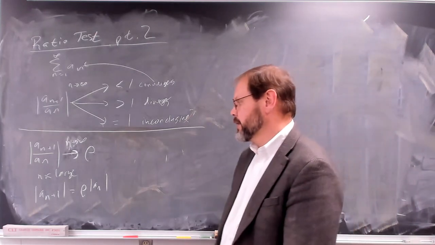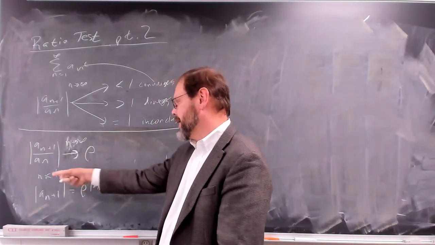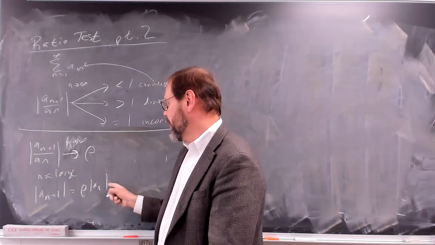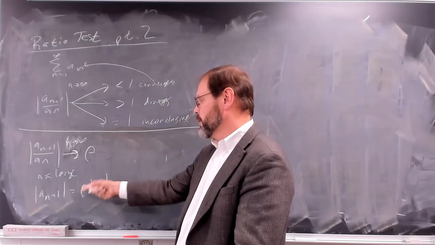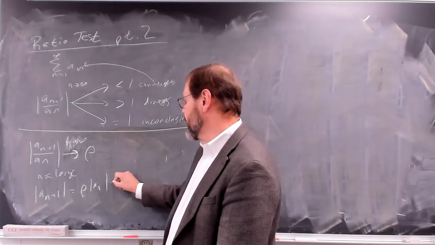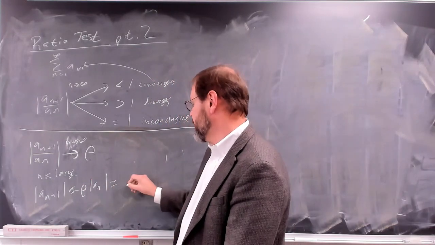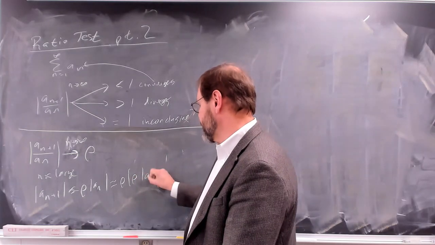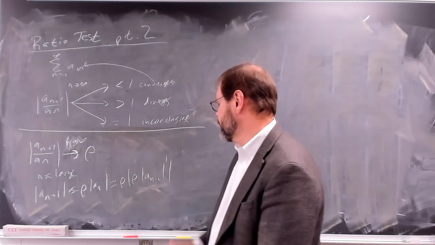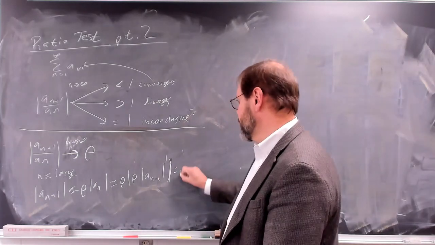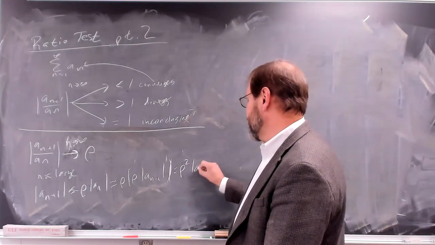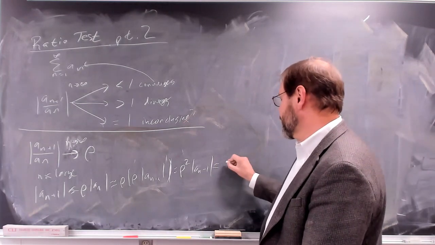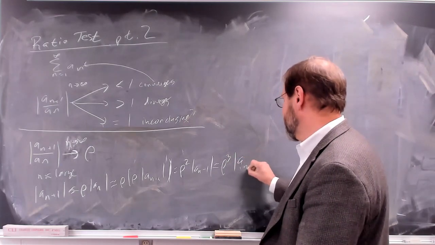Okay. That's saying that as n gets larger, this number is more or less a multiple of that number right there. What multiple? Rho. Which is more or less going to be like rho times the absolute value of a sub n minus 1, which is rho squared a sub n minus 2, which is like saying this is more or less rho cubed times a sub n minus 2.